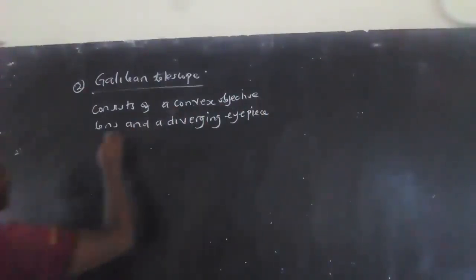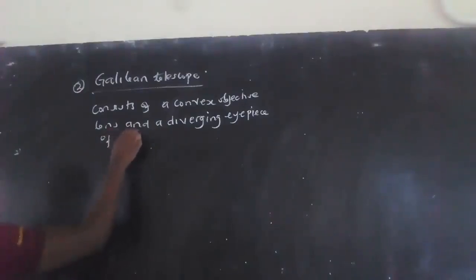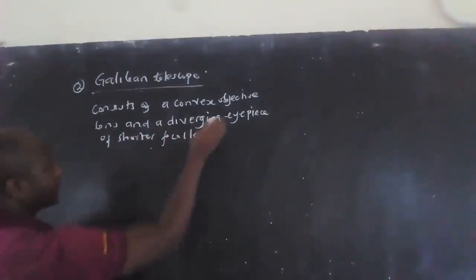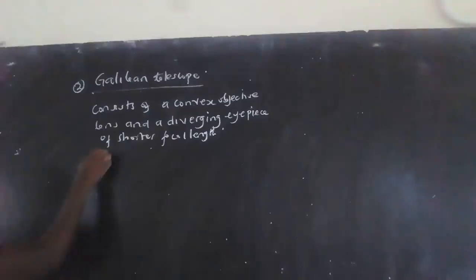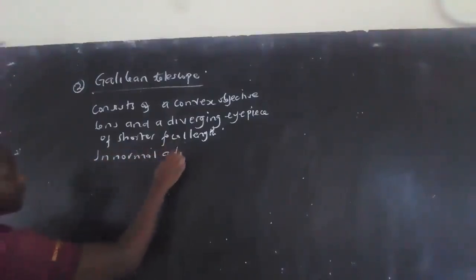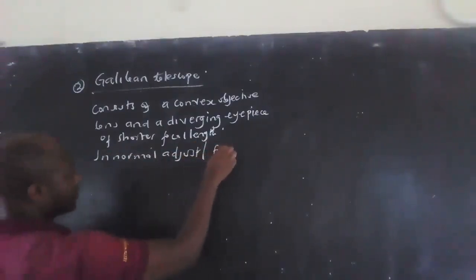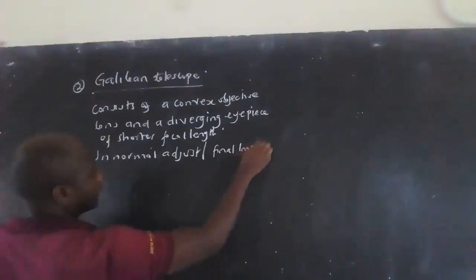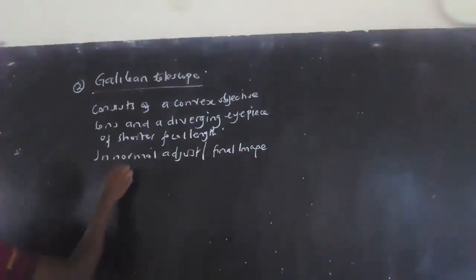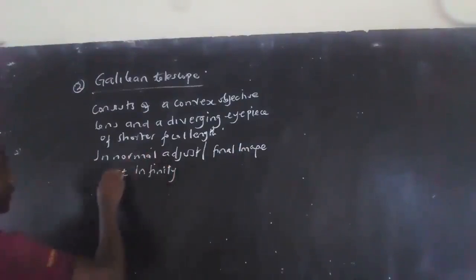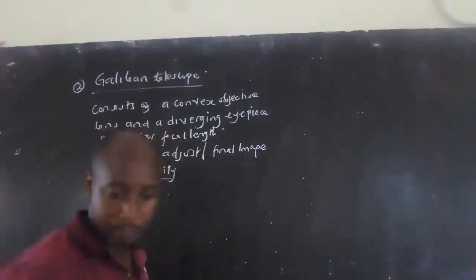Eyepiece of shorter focal length. Then we go in normal adjustment, final image at infinity. Final image at infinity.